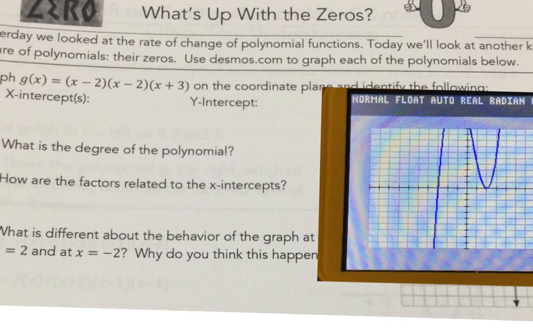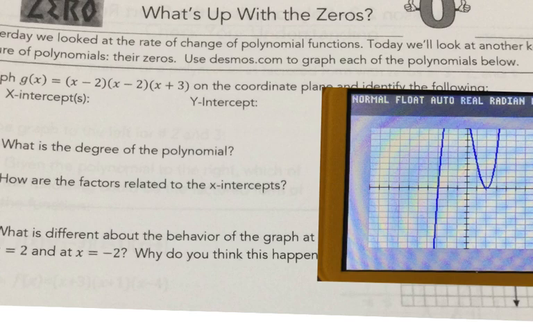If it has an odd multiplicity, if the x-intercept only happens 1 time, 3 times, 5 times, 7 times, it's going to cross at that x-intercept. If the multiplicity is 1, it crosses like this, just a regular crossing.